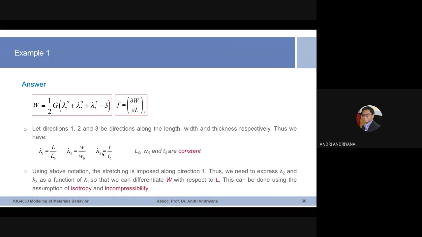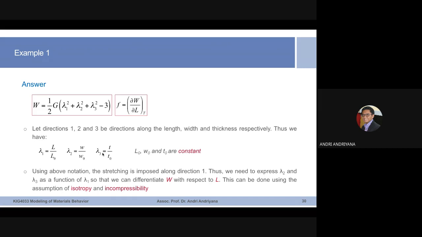Okay, the more we impose deformation in direction 1, the more you have contraction along direction 2 and along direction 3, which means you need to link lambda 2 to lambda 1 and lambda 3 to lambda 1 also. I hope that is clear, yeah? I will repeat one more time. I decided to choose direction 1 as the direction along the length, because the stretching is imposed along the length, which means now it is the given information.